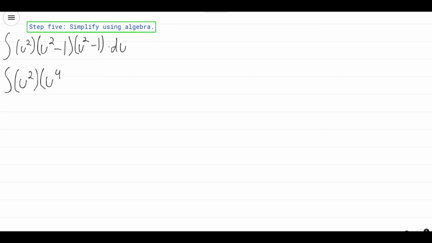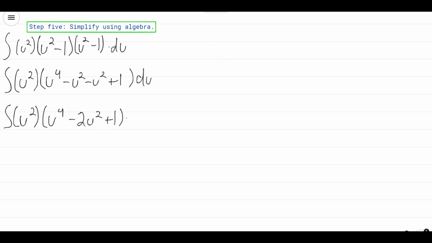So u squared minus 1 times u squared minus 1 is u to the fourth minus u squared minus u squared plus 1 times du. We simplify a step further because those two middle terms are like terms. So this is u to the fourth minus 2u squared plus 1 times du.